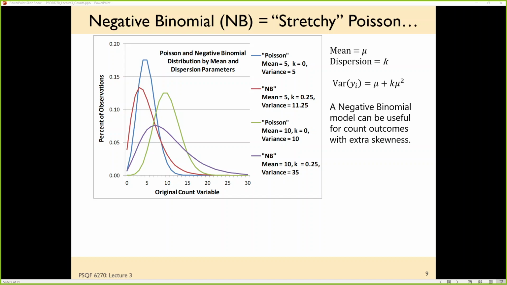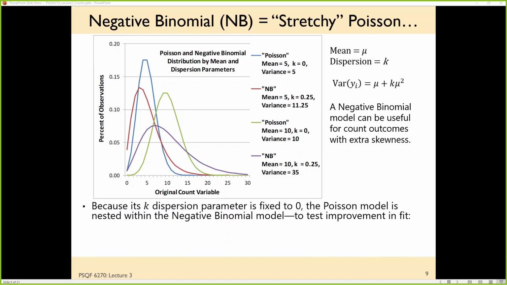So because you can think of Poisson as nested in negative binomial, the difference is whether or not you need k to be something other than 0. That's a likelihood ratio test. However, statisticians will tell you, actually, not quite that simple. Because k can't go negative. It's bounded at 0 in the way this model is being estimated.